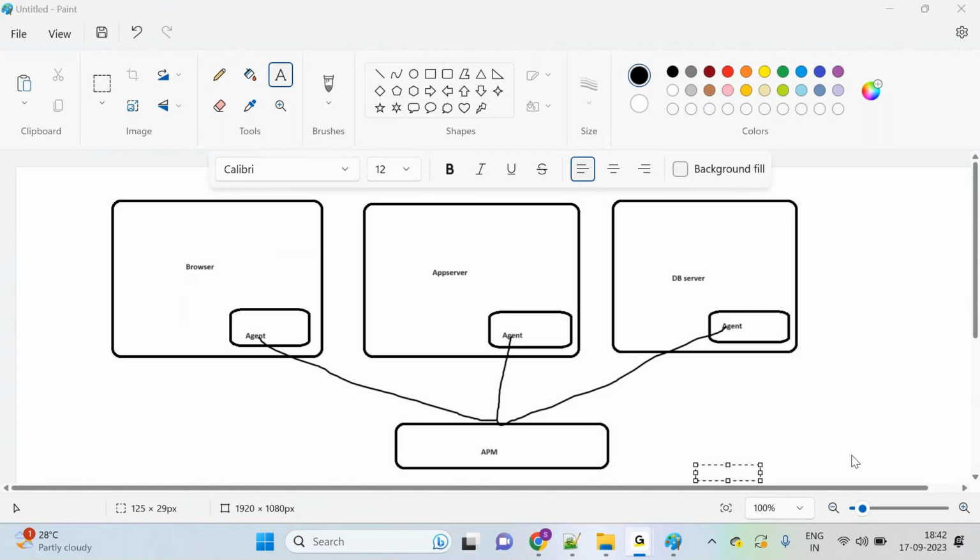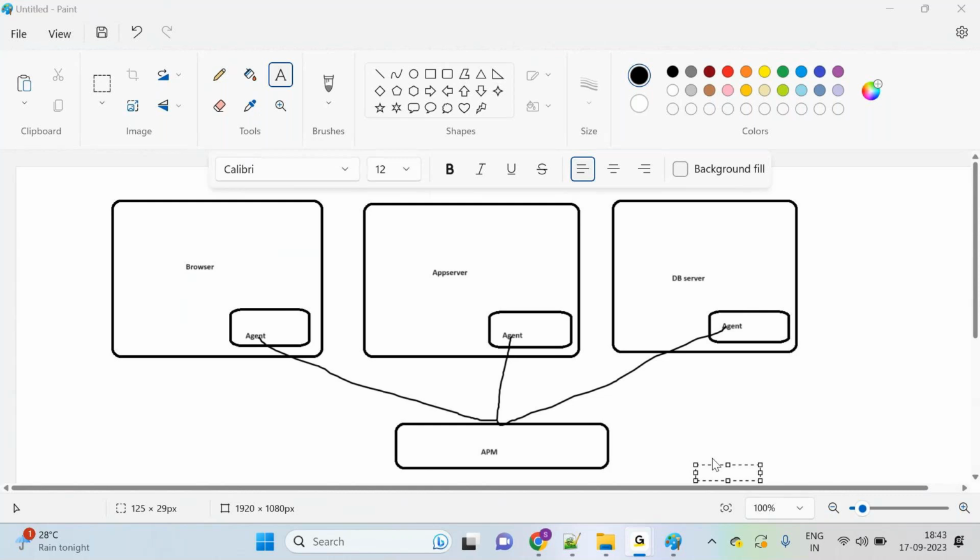Yeah, Sabarish. May I know what is the exact meaning of agent here? See, agent, that's what I told you. It is a piece of software; every APM tool vendor develops its own. That piece of software has to be installed at the server level, or based on the configuration that you want, it is configured in each and every server.